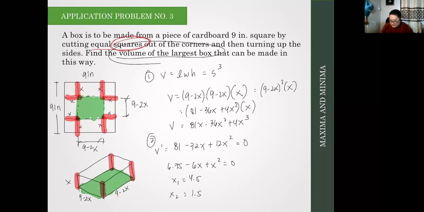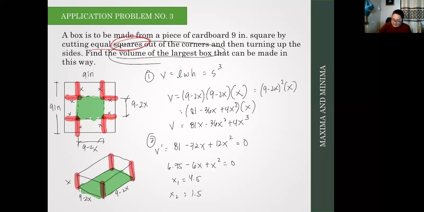Okay? So parehas positive. Ngayon, i-check mo ngayon kung alin dyan yung gagamitin mo. So dalawang critical number mo, pero ang kailangan natin is largest box. So kailangan tayo ng maximum. So kailangan pag kinuha natin yung third step, yung maximum value ang i-consider natin.